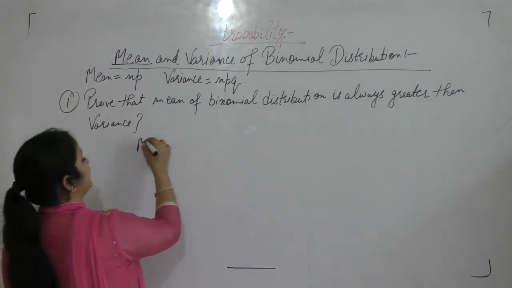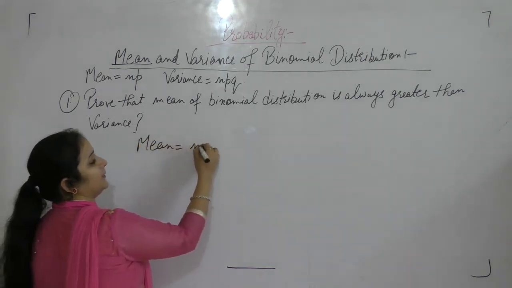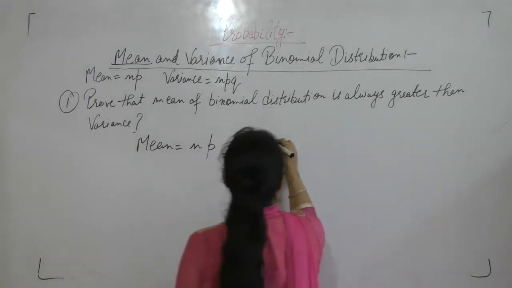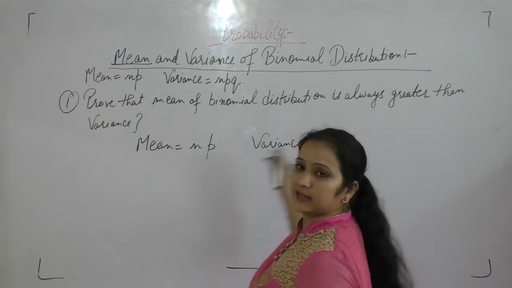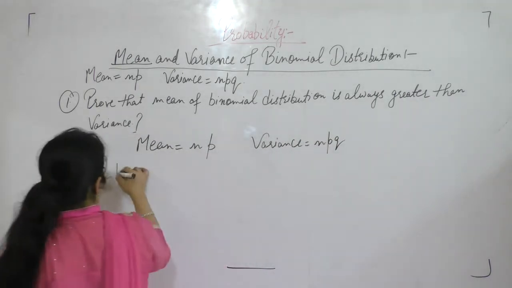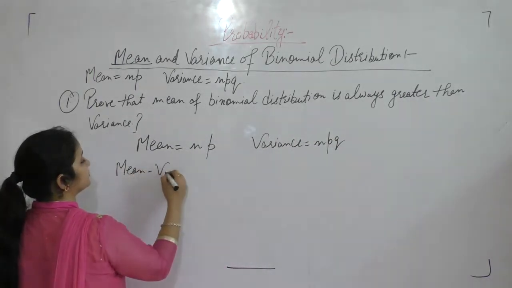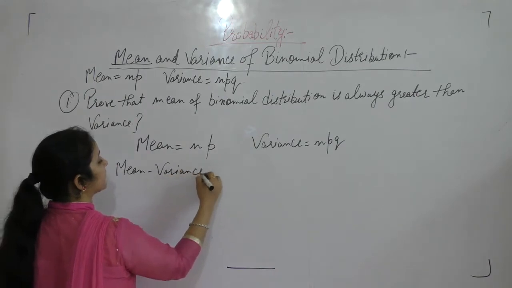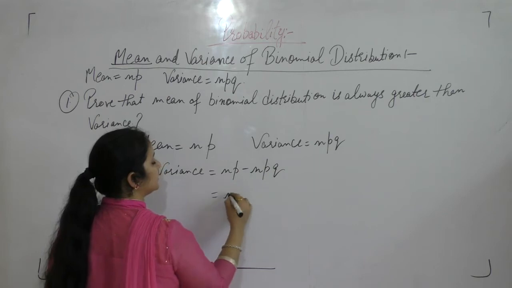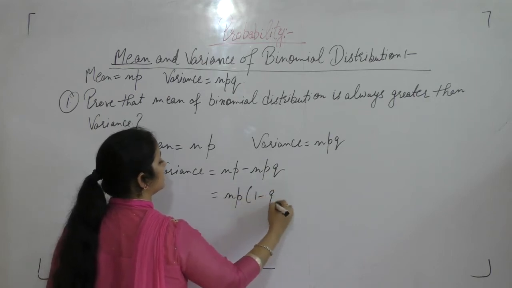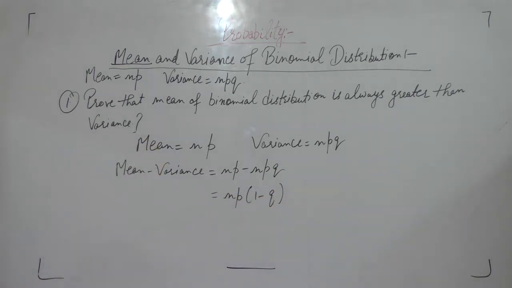Now we know mean has formula np and variance is npq. So mean minus variance is np minus npq. Take np common, 1 minus q.